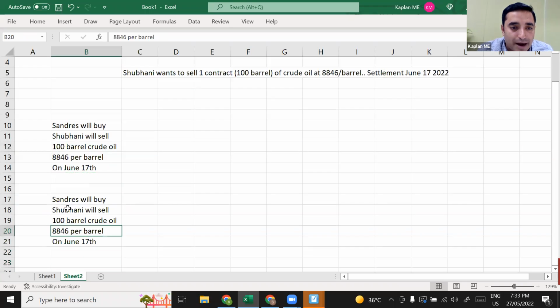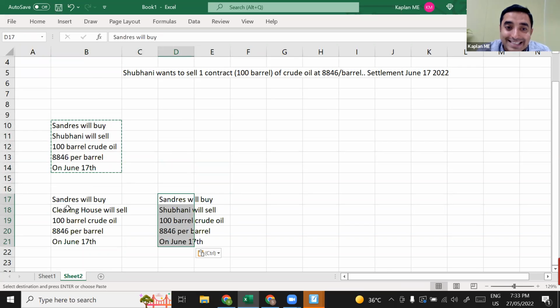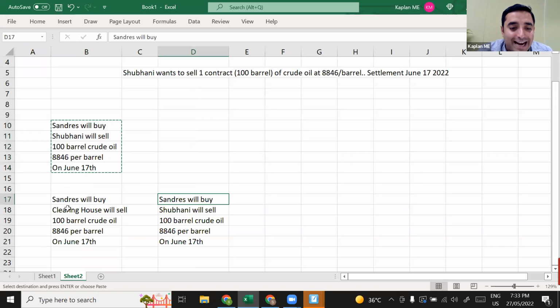Sandras will buy, and here it is not going to be Shubhani, it is going to be the clearinghouse of the exchange. On the other hand, when Shubhani has entered into this contract as a seller, it is not really Sandras who's going to buy, it is the clearinghouse. Clear? So whenever you enter into a trade through an exchange, the central counterparty is always the clearinghouse.